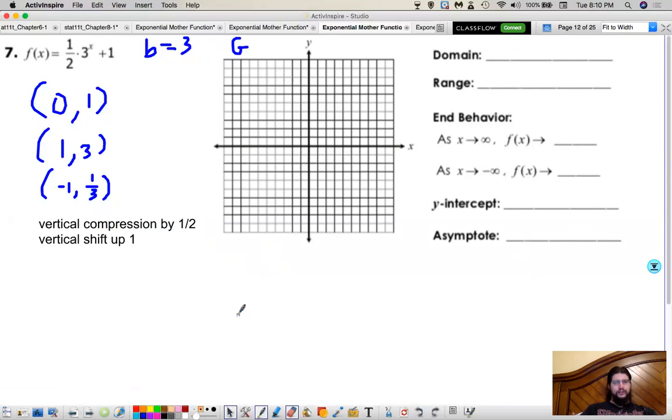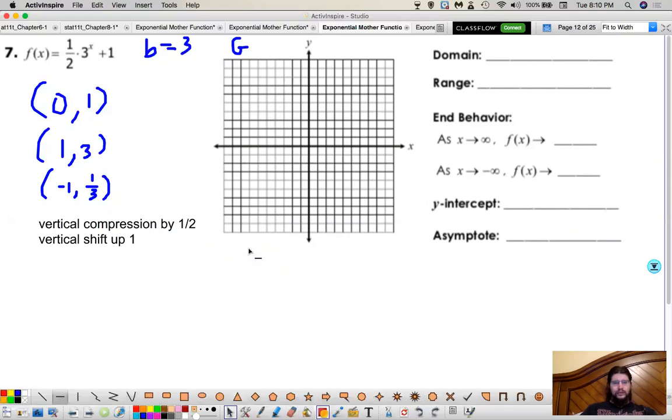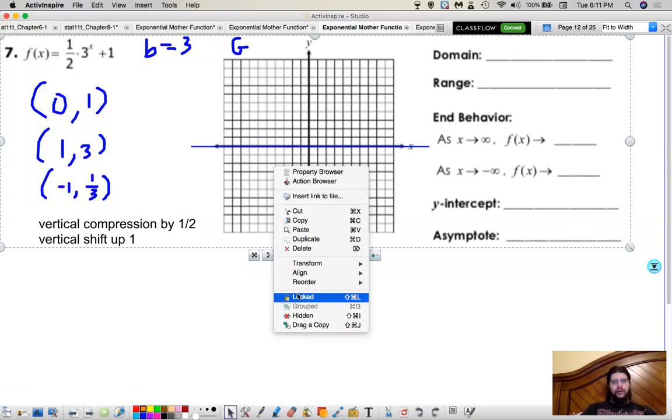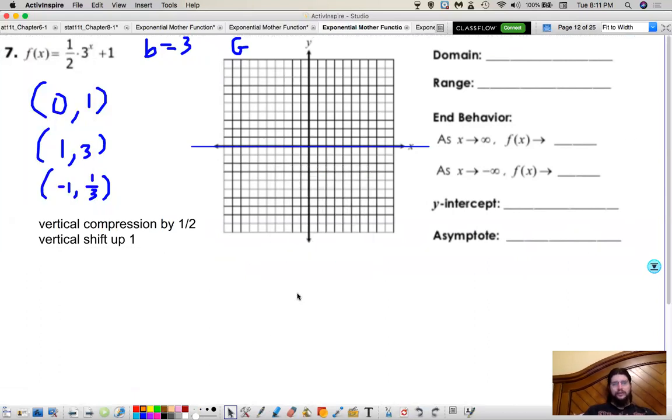All right, so let's do it. Starting with my asymptote right here on my x-axis. Now, you can go ahead and take a shortcut since you're on paper and you can't actually move stuff around. What controls our asymptote? Our vertical shift, right?